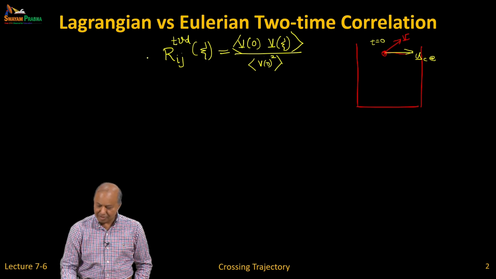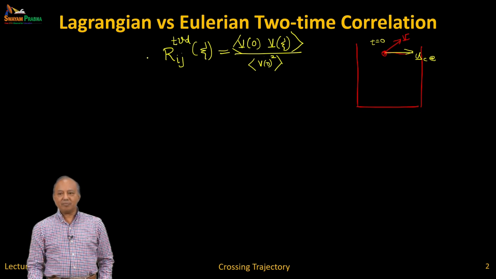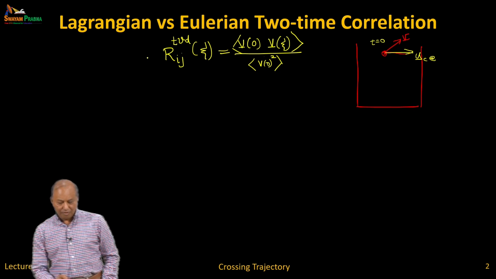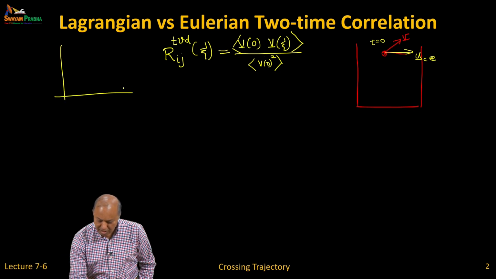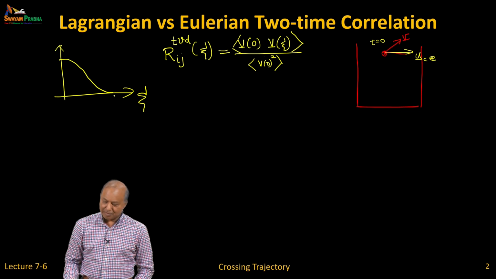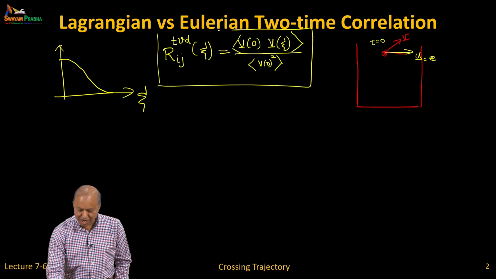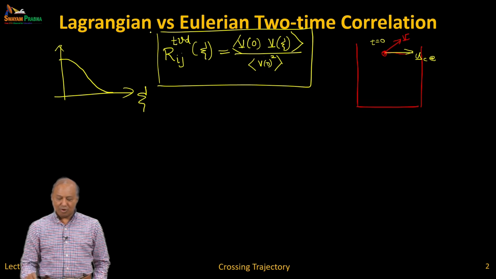It is normalized. So when z goes to 0, this will be 1. If you plot this as a function of z, it will go from 1, it will exponentially die. This is the 2-time correlation, and I have assumed stationarity. That is why I put 0 and z.